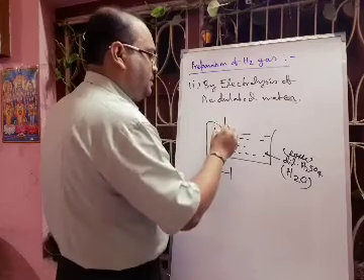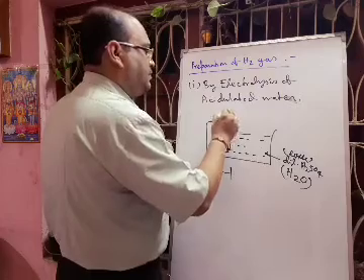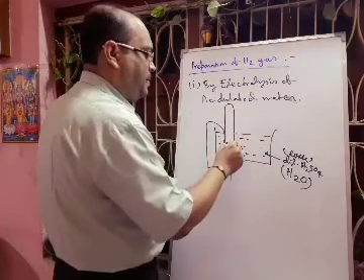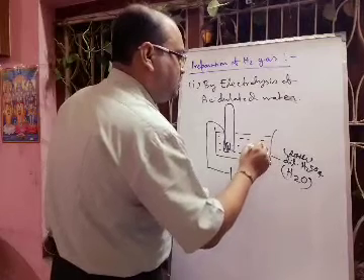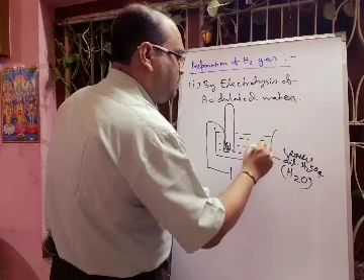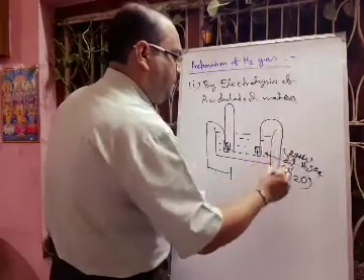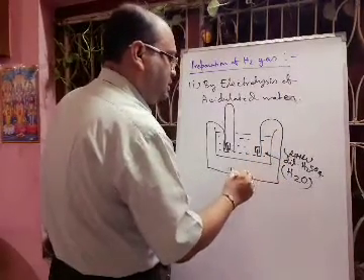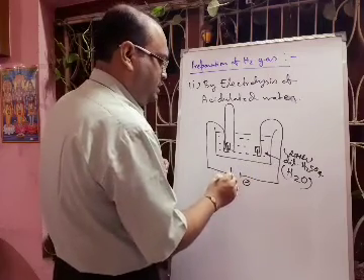And here one inverted glass container will be there, and here also we have to take one electrode, and this will be connected to the negative part of the battery. Here it is the positive part.